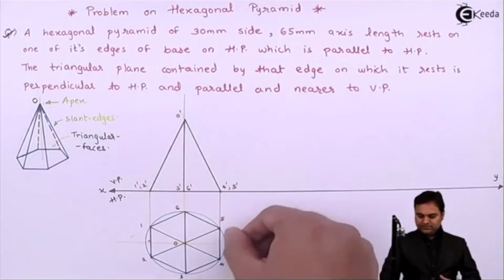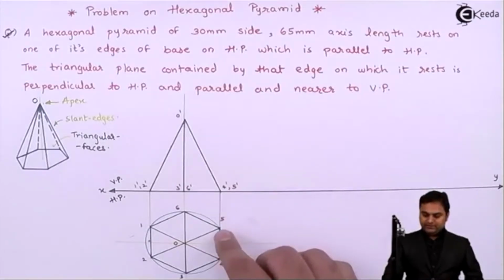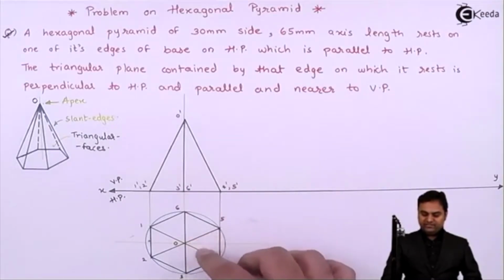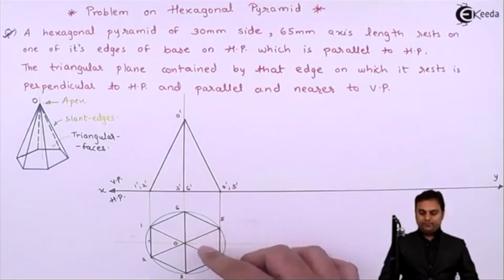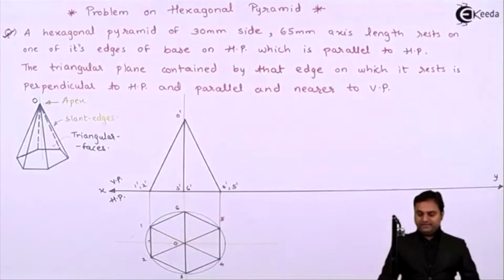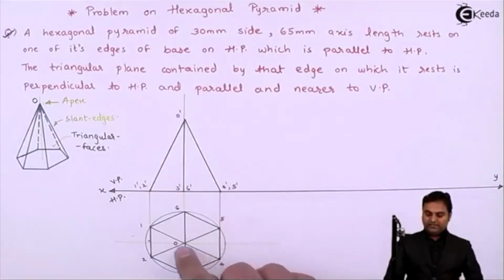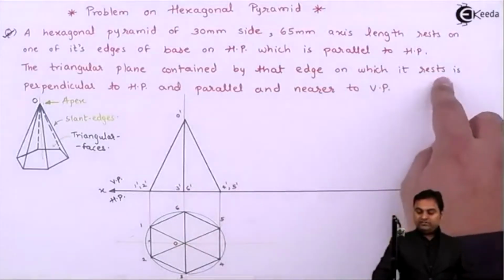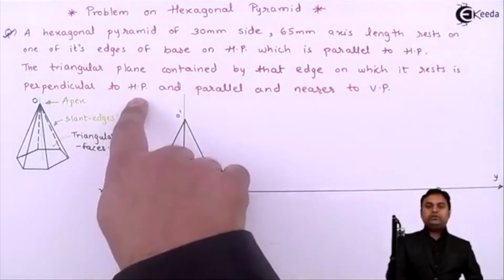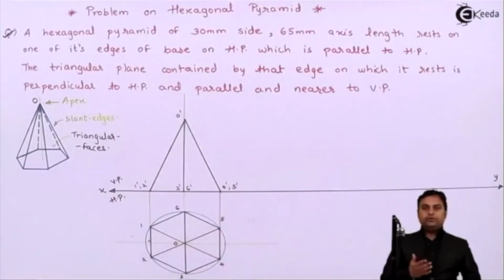So if I see here, this pyramid is resting on edge 4 5 and it is producing a triangular face which is O4 5. So here the condition is triangular plane contained by that edge, that is 4 5 is the edge and the triangular plane is O4 5 on which it rests is perpendicular to HP, meaning is the triangular face is perpendicular to HP.